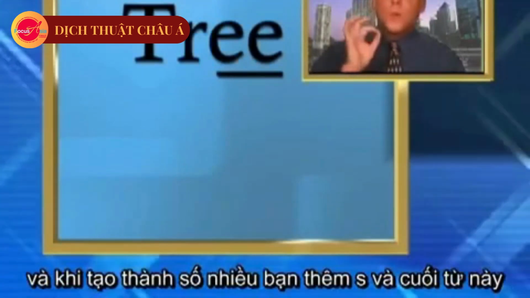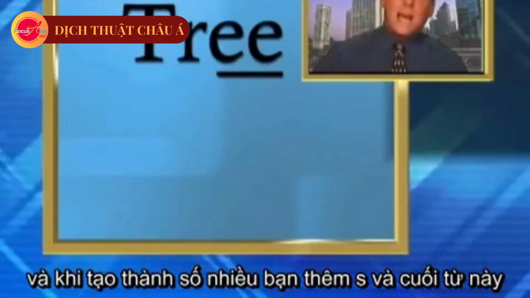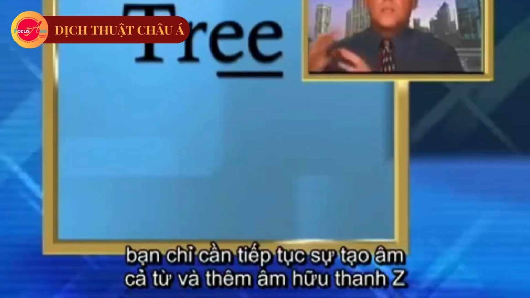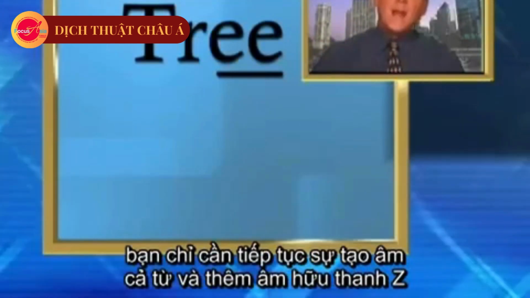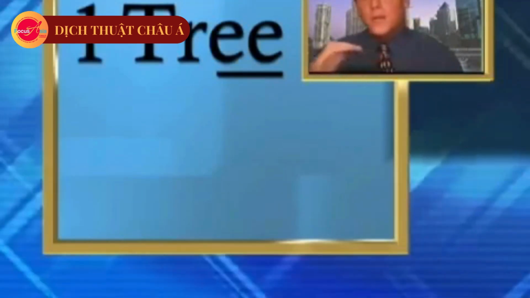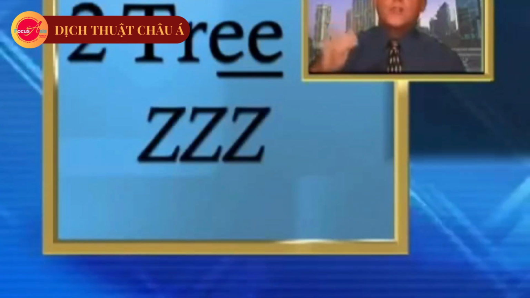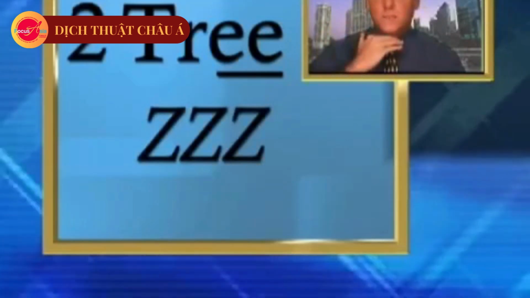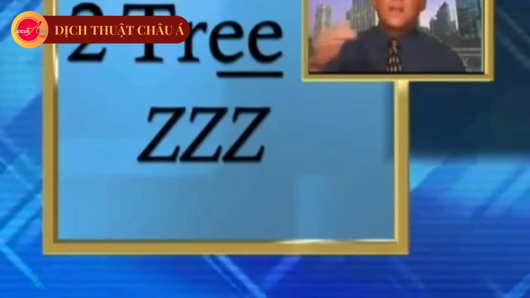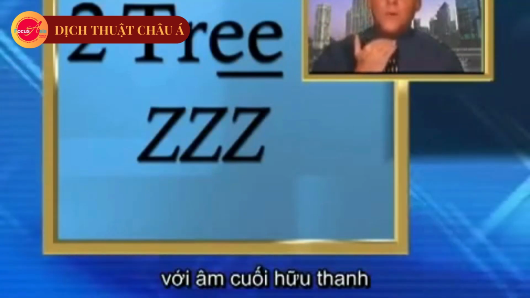So what you want to do if you're going to add an S to a word like this to make it plural is you continue the voicing throughout the whole word and add on a voiced Z. So here we go. You've got 1 tree or 2 trees. It's not trees with an unvoiced S. It's trees with that voiced ending.